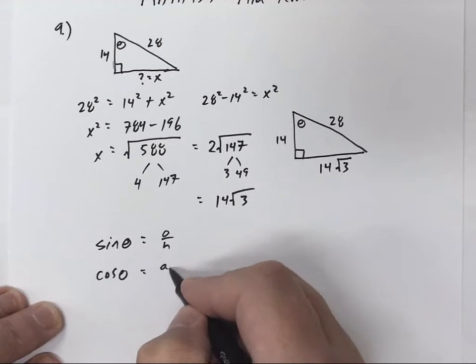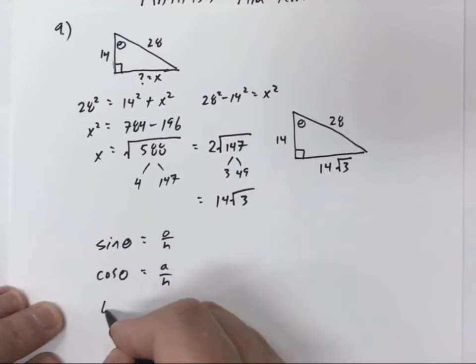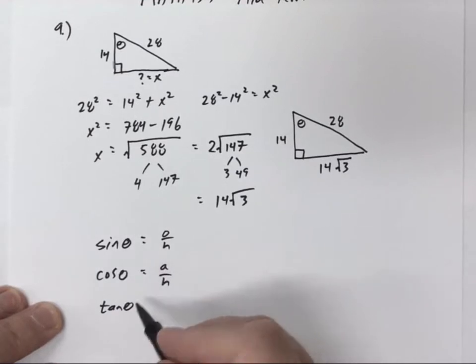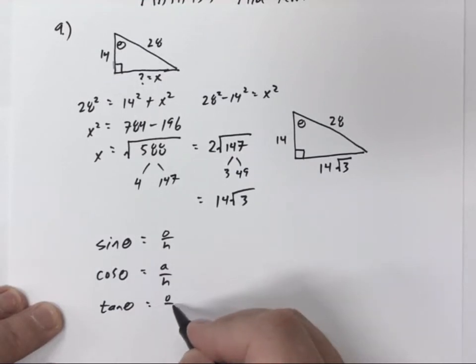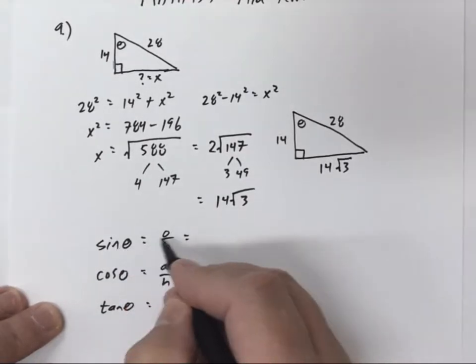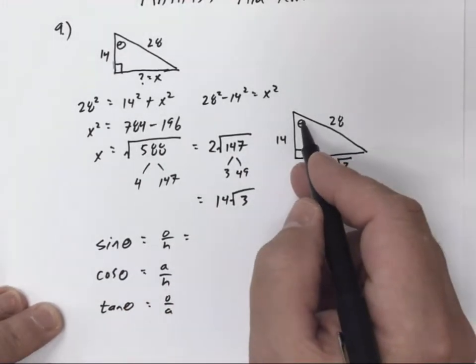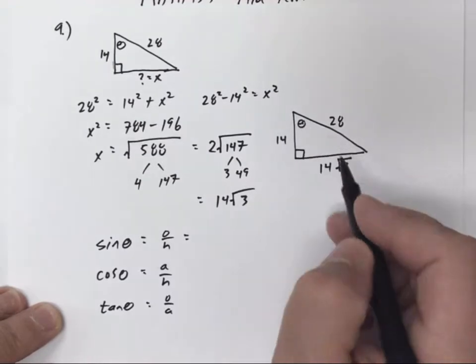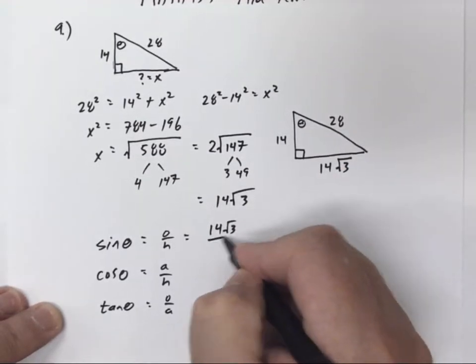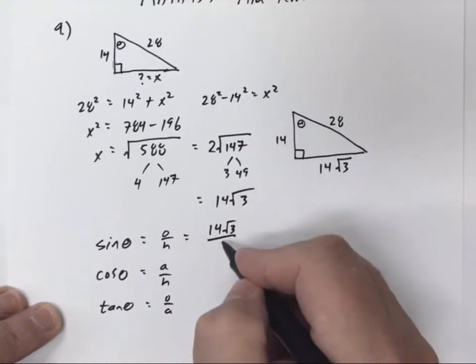CAH, adjacent over hypotenuse. We can also do tangent, TOA, opposite over adjacent. So now, for the sine, once again, be careful that the angle's up here, so the opposite is down here, divided by the hypotenuse.